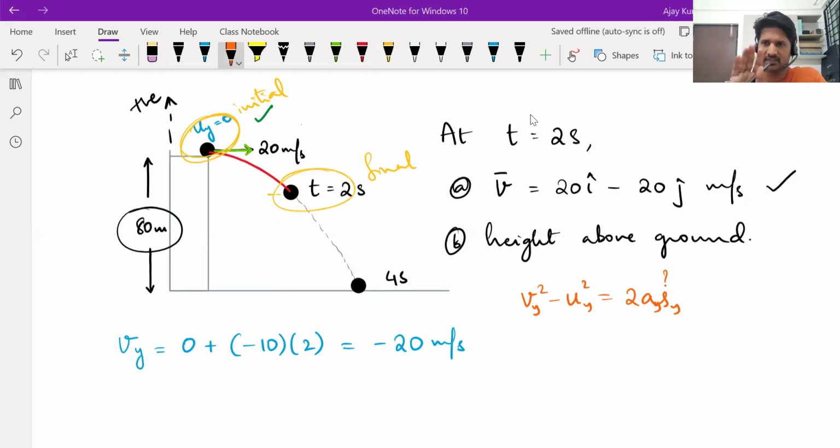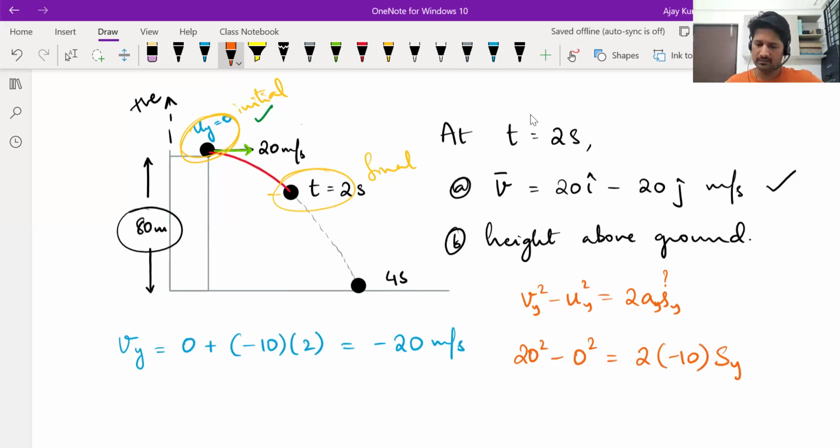Is that the part of the journey that you're talking about? Yes, sir. Tell me how you applied this equation to that part of the journey. Tell me what you substituted. Sir, v is 20, u is 0, a is minus 10. V square minus U square is equal to 2AS.